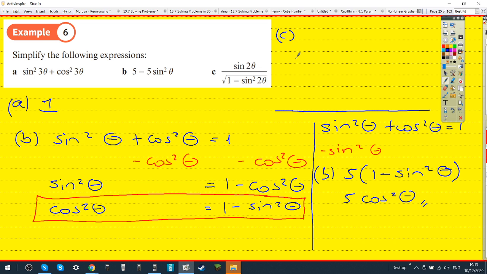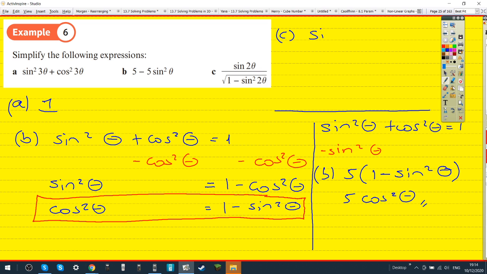Can you use that? Could you divide by both sides? I would change the bottom.